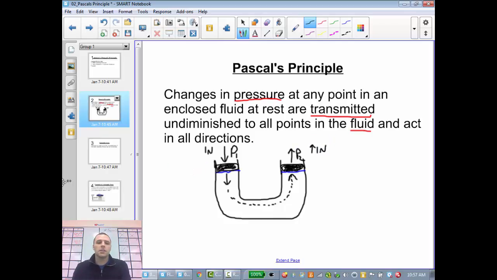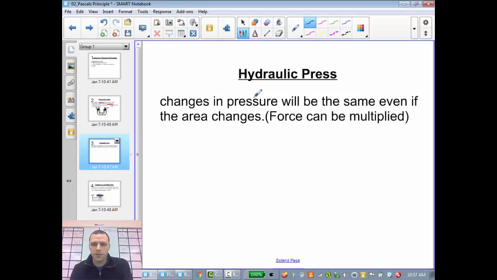The interesting thing comes into application when we change the areas of these two things. But the key right now is that the pressure is transmitted through the fluid. If we change the area, changes in pressure will be the same, even if the area changes. We can multiply the forces. So I'm going to modify that U-shaped device that we're imagining for a second.